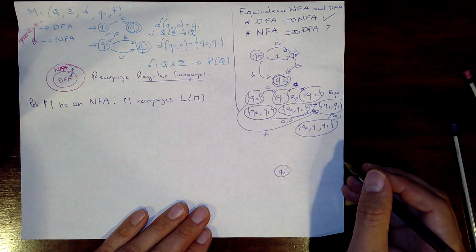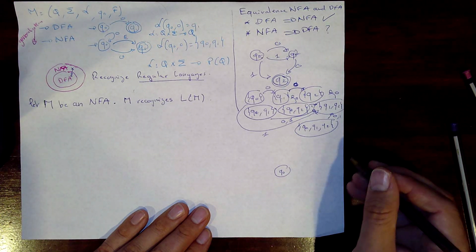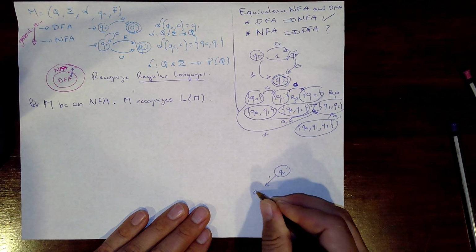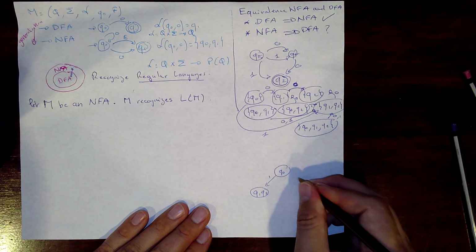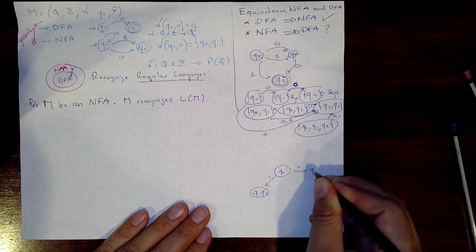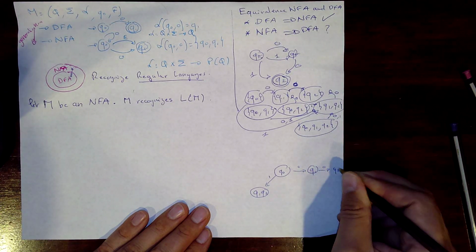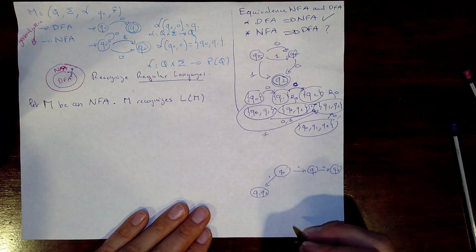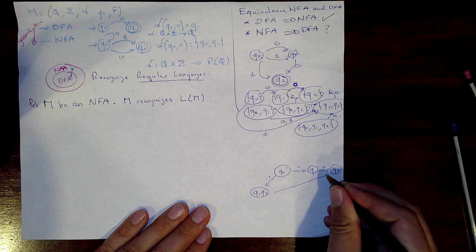So we have Q0 with 1 to Q1, Q2, and with 0 to Q1, and Q1 with 0 to Q2, and Q1, Q2 to Q2 with 0.